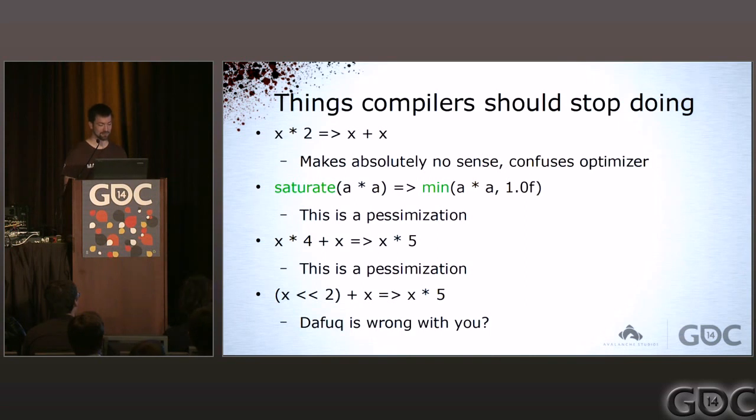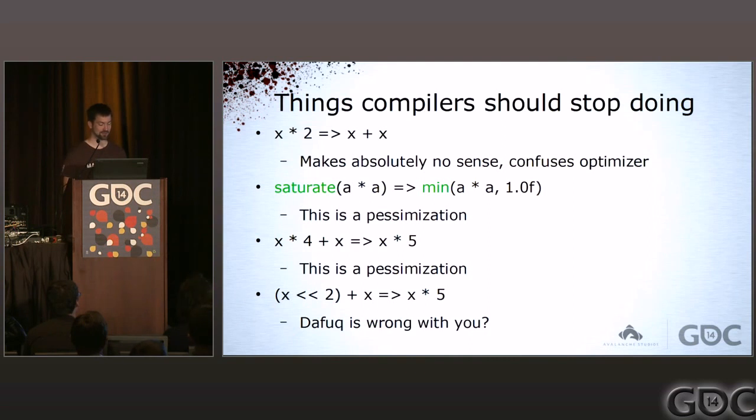Similarly, if you have something like x times 4 plus x, the compiler realizes this is the same as x times 5, so it does this conversion for you. It makes sense for floats, but it doesn't make sense for integers, because 32-bit integer multiplies are 4 cycles, whereas a bit shift is 1 cycle.